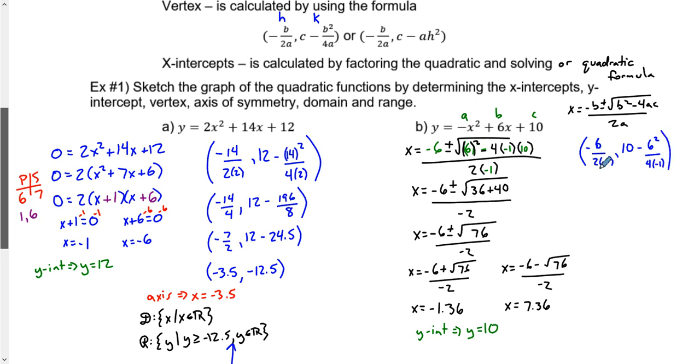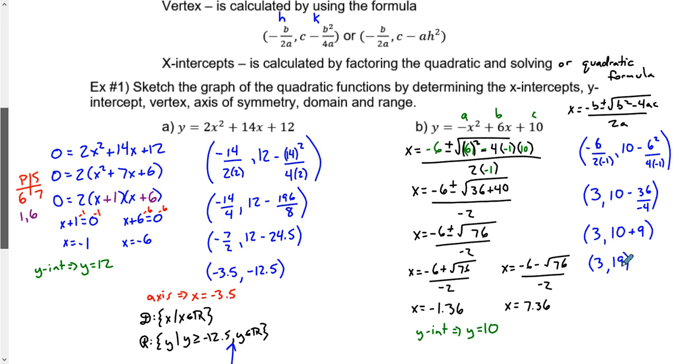So -6 divided by 2 times -1, well, that works out really nicely as 3. That's 10, subtracting 36 over -4. All of this then works out. -36 over -4 would be +9. Really? Yeah. So 3, 19 would be our vertex.